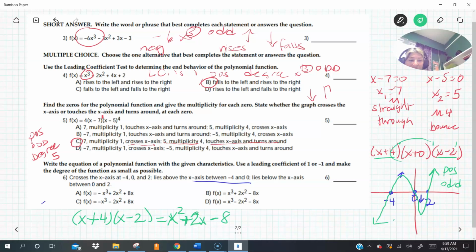And then come back and multiply by your x plus 0, or just your x. That makes us x cubed plus 2x squared minus 8x. Therefore, the best answer is B.